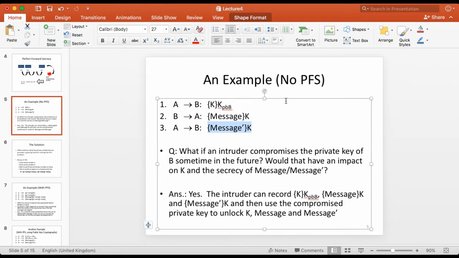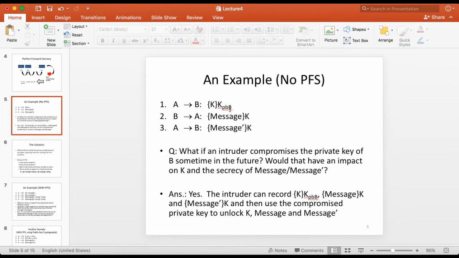So the answer is, if Bob ever had the local server compromised, and the private key stolen or leaked, then all the interactions that took place between Bob and Alice in this protocol will also be compromised.